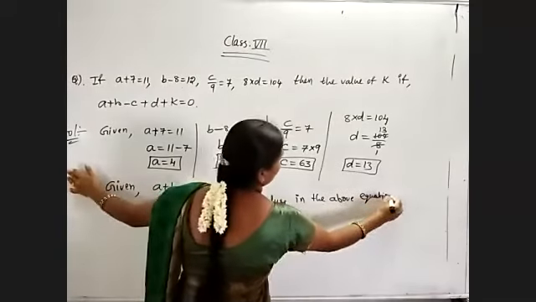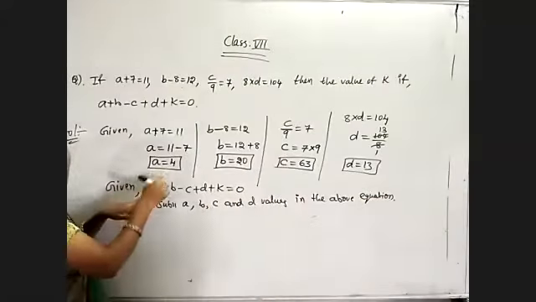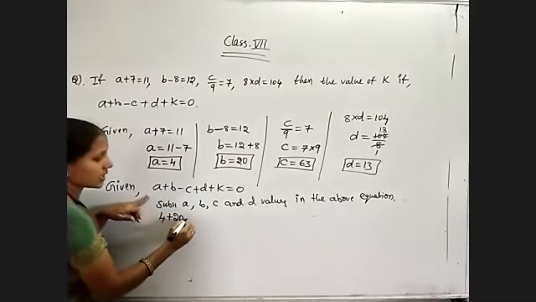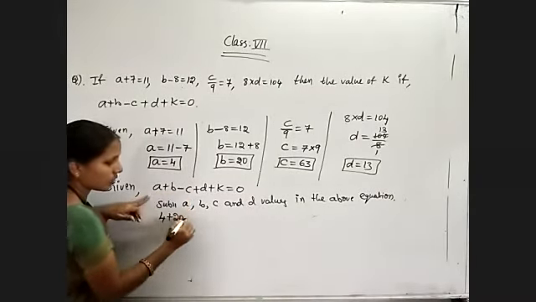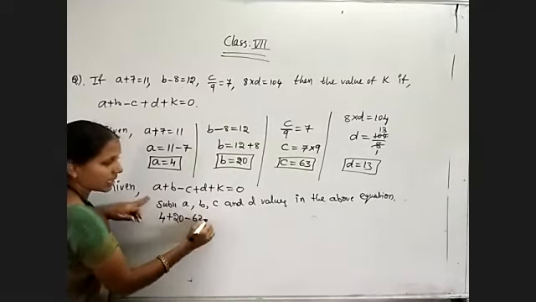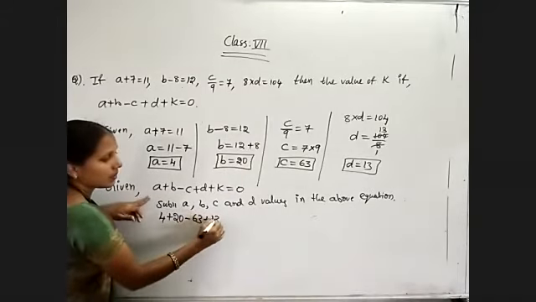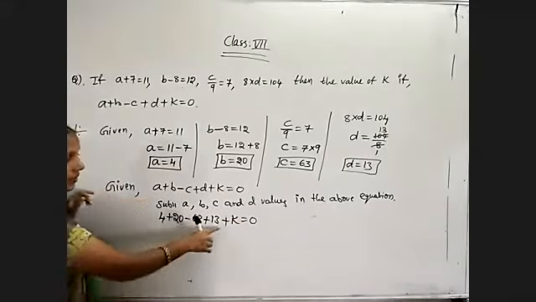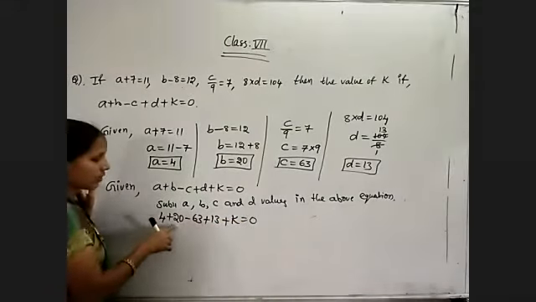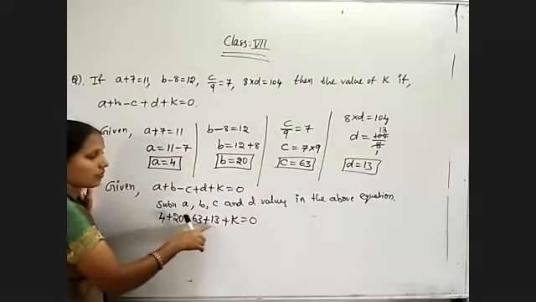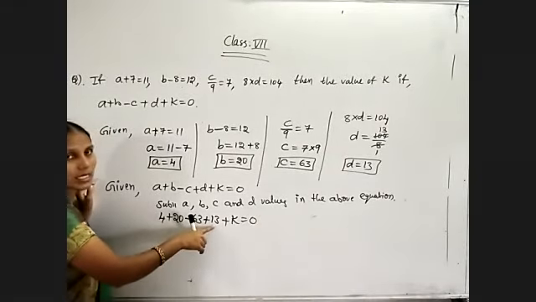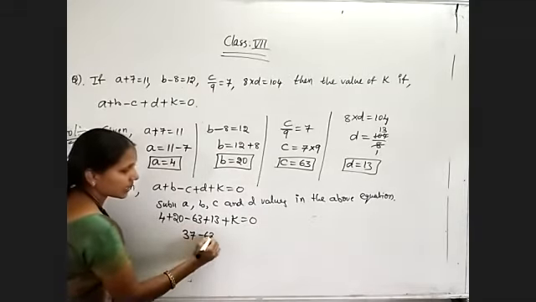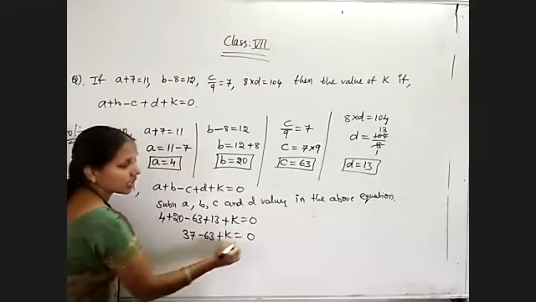So what will we get? a value is 4, b value is 20, c value is 63. Between them minus is there, so minus 63, and plus d value is 13, plus k is equal to 0. Now simplify all these numbers first. 20 plus 4, 24. 24 plus 13, 37. So plus 37 minus 63 plus k is equal to 0.